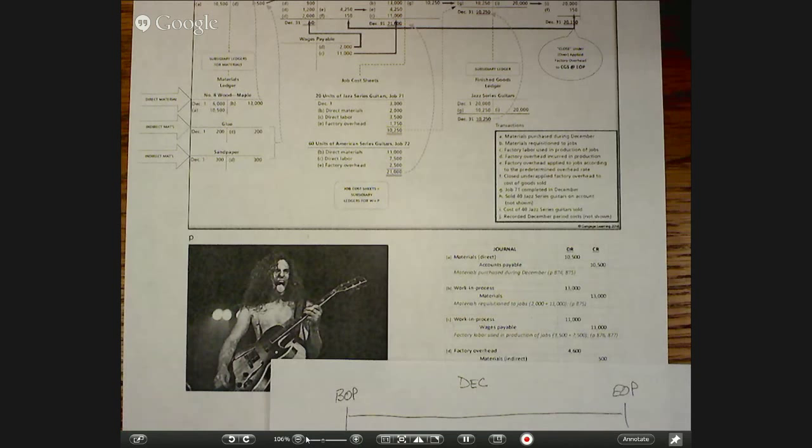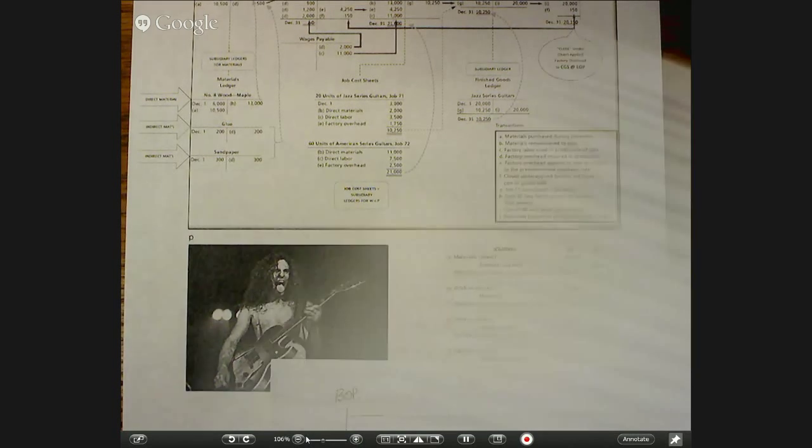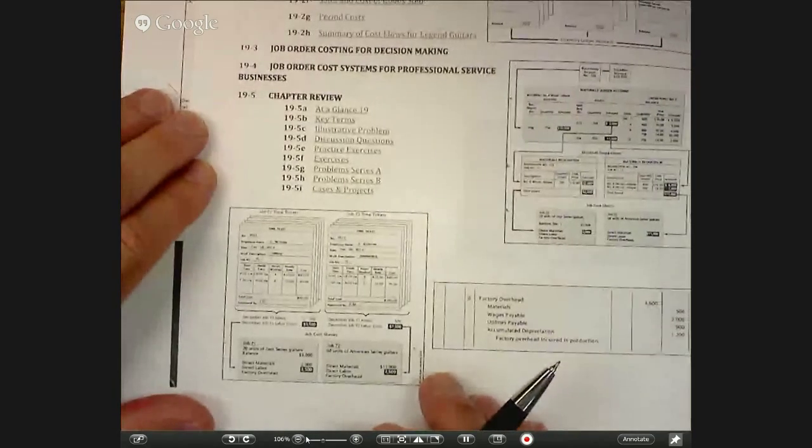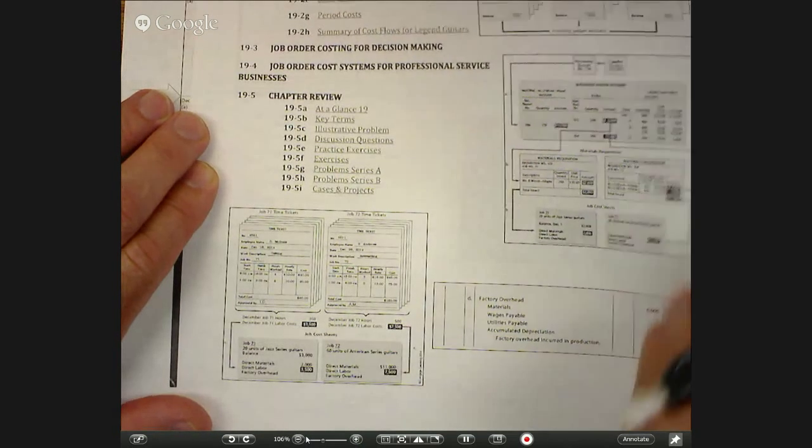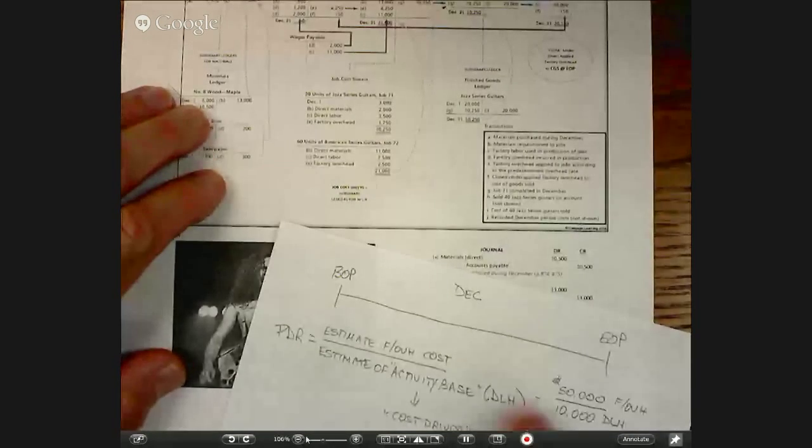And if we would go to page 879, we can see that there would be, you folks will have to go to page 379 because this illustration is just a bit small for clarity on the screens, but you have 350 hours associated with job 71 and 500 hours associated with job 72. So 350 and 500 would give you 850 hours.